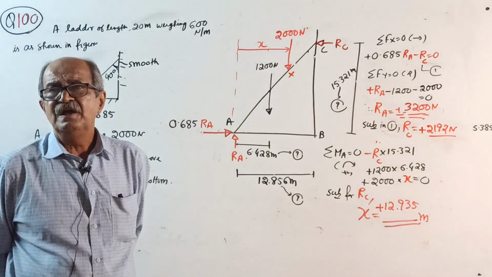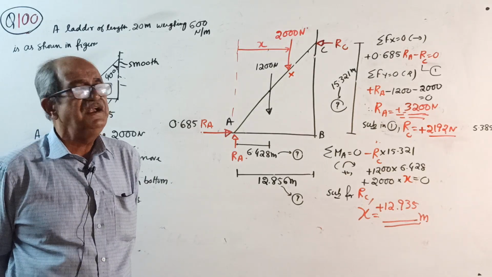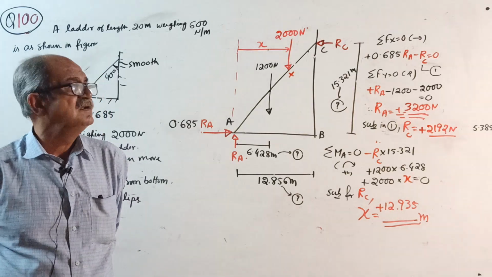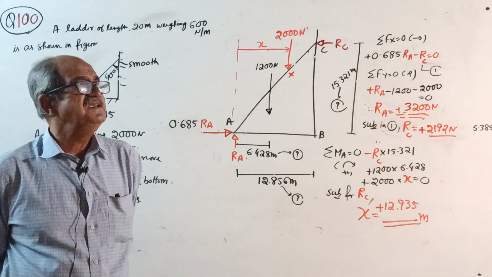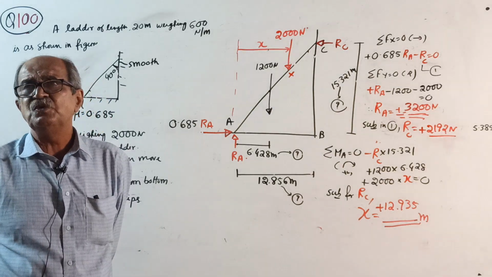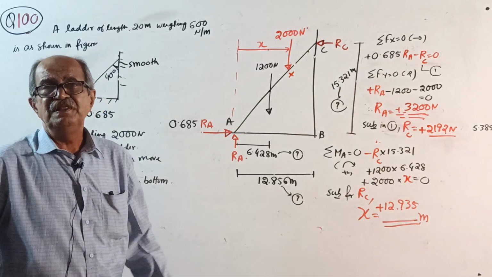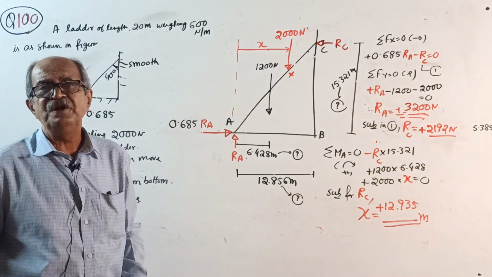So usually average weight, my weight is around 68 kgs, that is 680 Newton. So sometimes 90 kg, 900 Newton, or sometimes 120 kg, 1200 Newton. This person is 2000 Newton. Means little heavy.